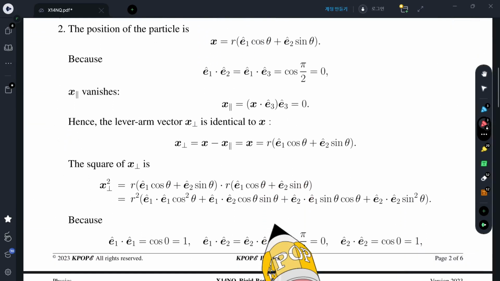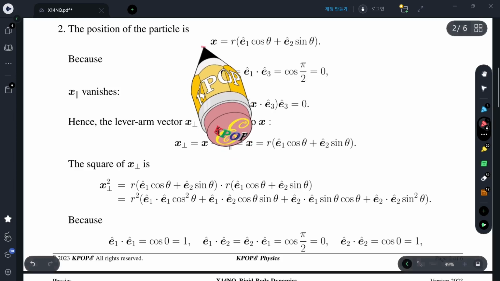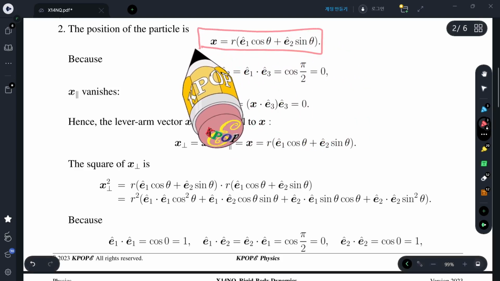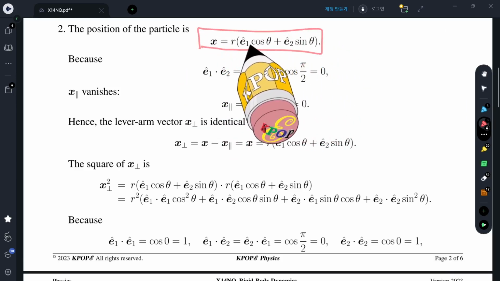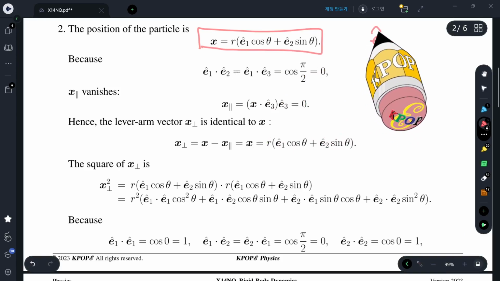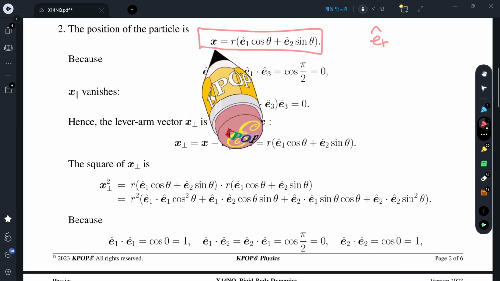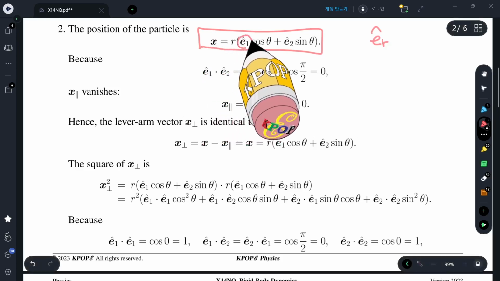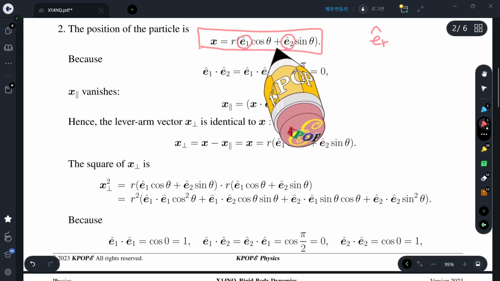The position of the particle can be expressed like that. Here, this is a unit radial vector on the xy plane. We have expressed this position vector as a linear combination of the two Cartesian unit basis vectors.